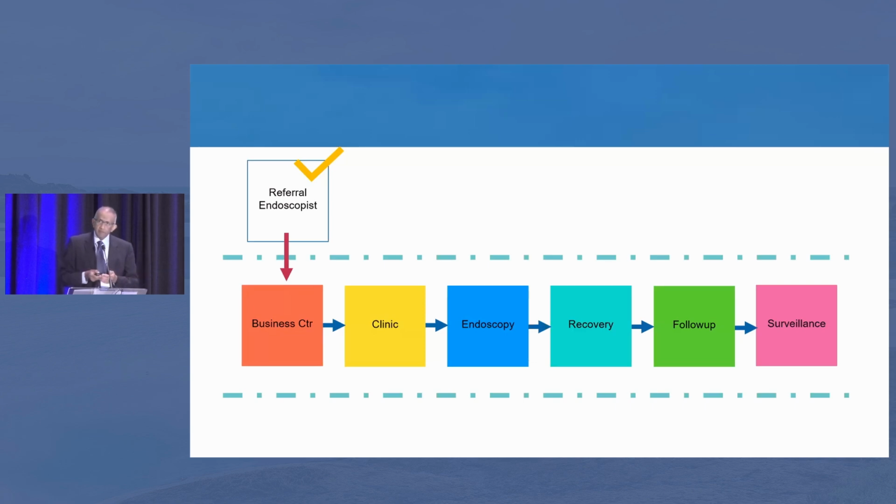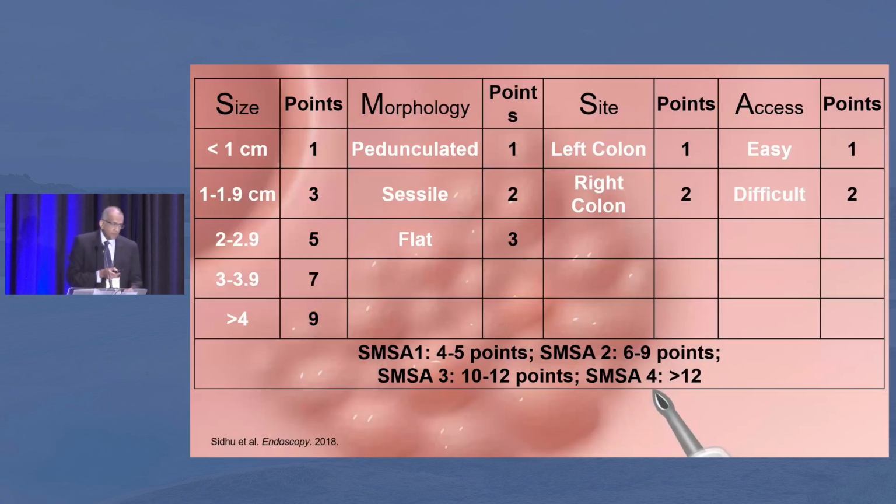One, if a patient is seen by a referring endoscopist, what that endoscopist should do to help the referral center take care of that patient better. So when you see a lesion, we always try to describe the size, the morphology, the location, but something that is always missing in the report is, was it difficult to reach that site?